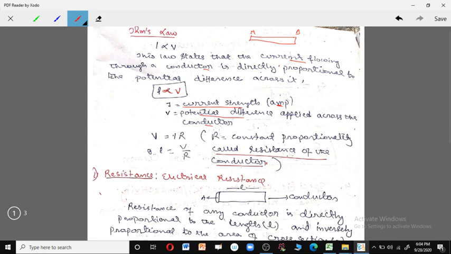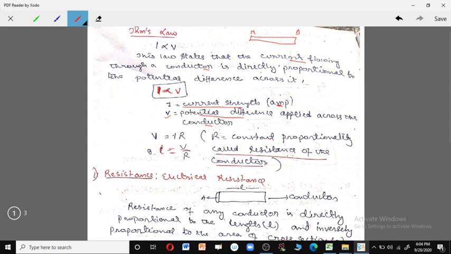Potential difference is nothing but the driving force for current to flow when the electric field is applied, right? So this current is directly proportional to the potential difference. This R is the constant of proportionality, the resistance.